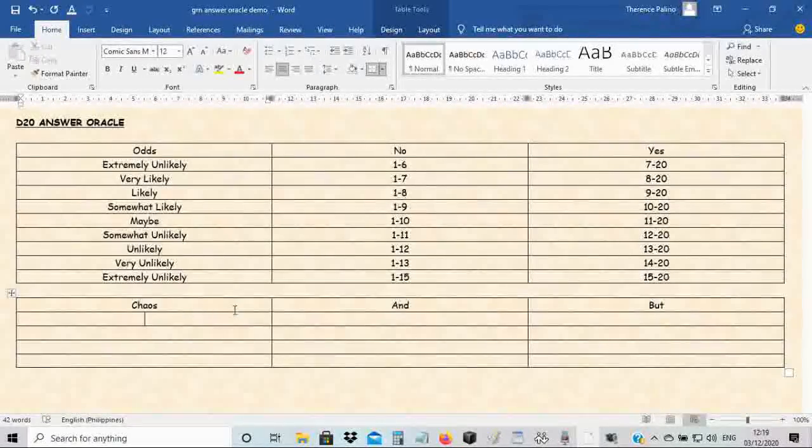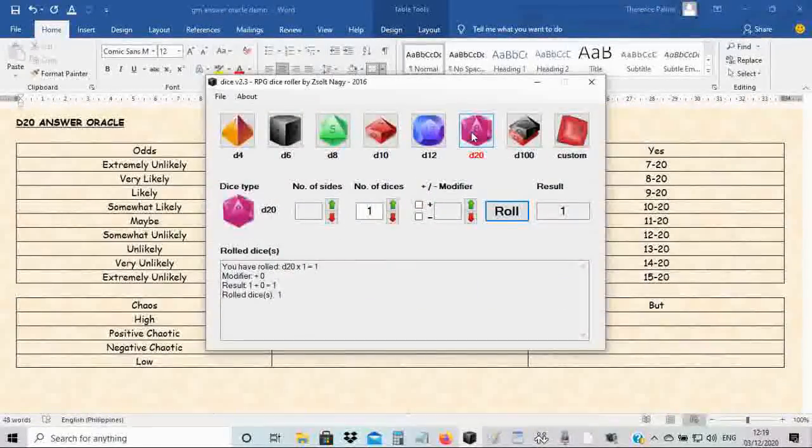So now let's determine the chaos. So let's start at high, positive chaotic, negative chaotic, and low. Okay, so again, we have a d20, right?